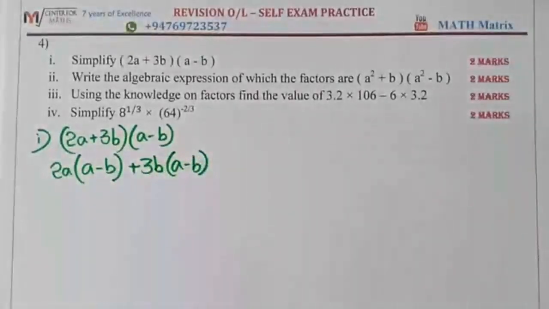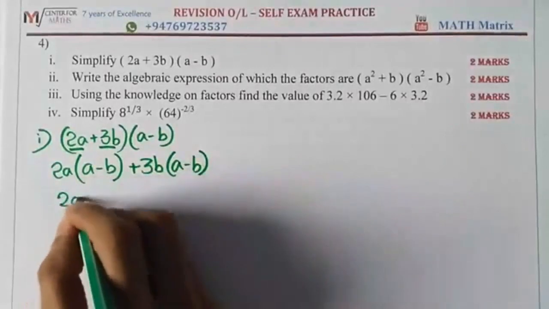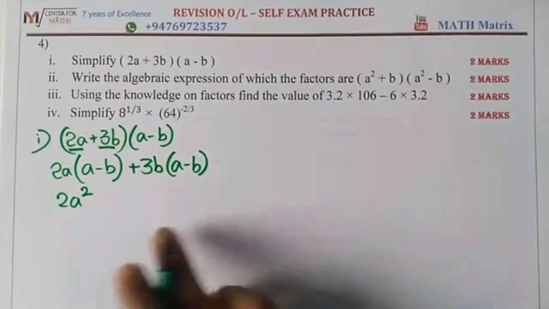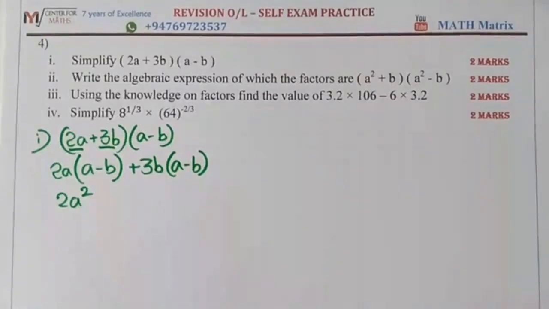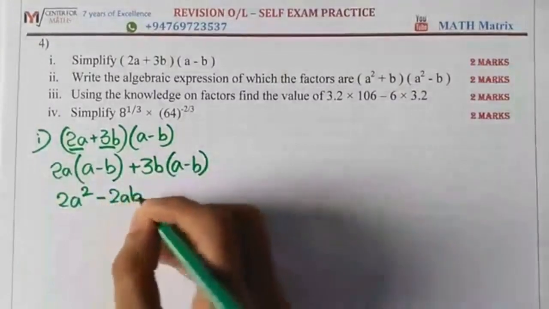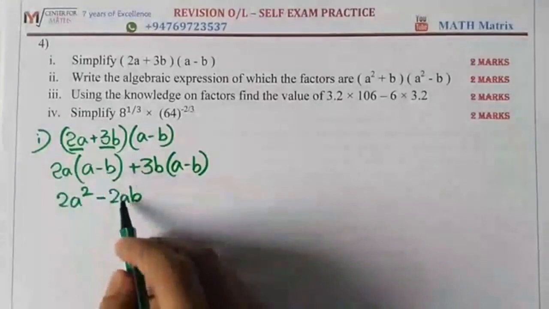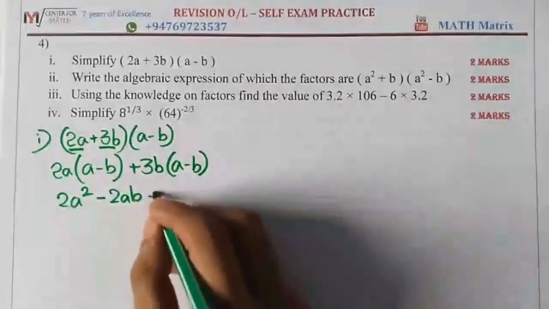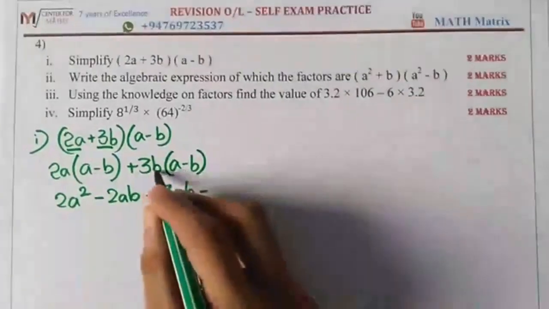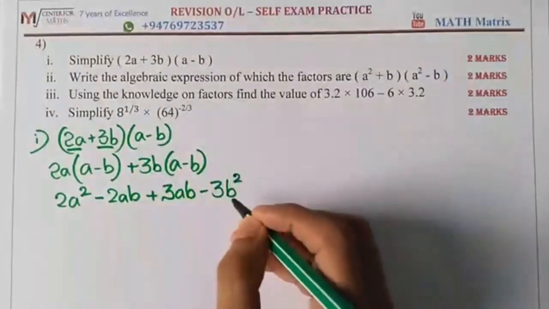So 2a into a is 2a squared, and minus 2a into b is 2ab, and plus 3b into a is 3ab, and the last one, 3b into b, is 3b squared.